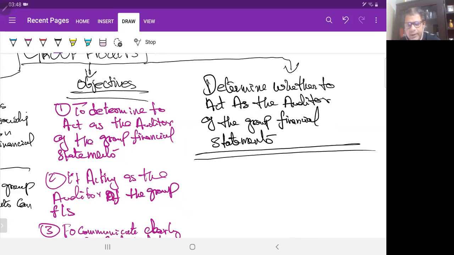So prior to the acceptance of a new engagement as auditor, the group engagement partner must determine that they can reasonably expect to obtain sufficient appropriate audit evidence in relation to the consolidation process and the financial statements of the component of the group in order to form their audit opinion.